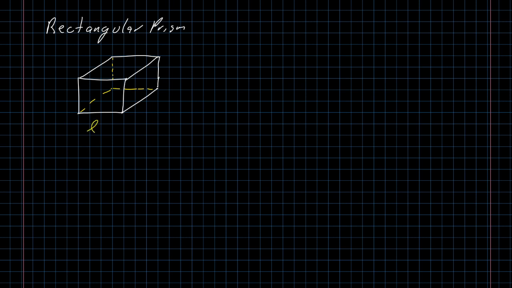So the rectangle has dimensions length and width, then there is a height, and the volume is the product length times width times height.